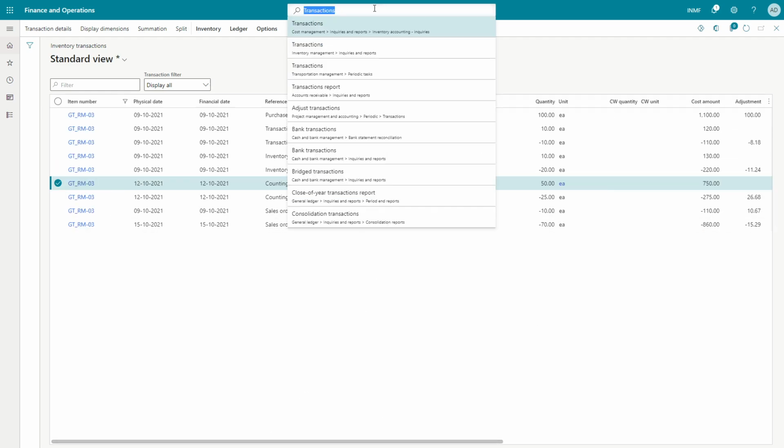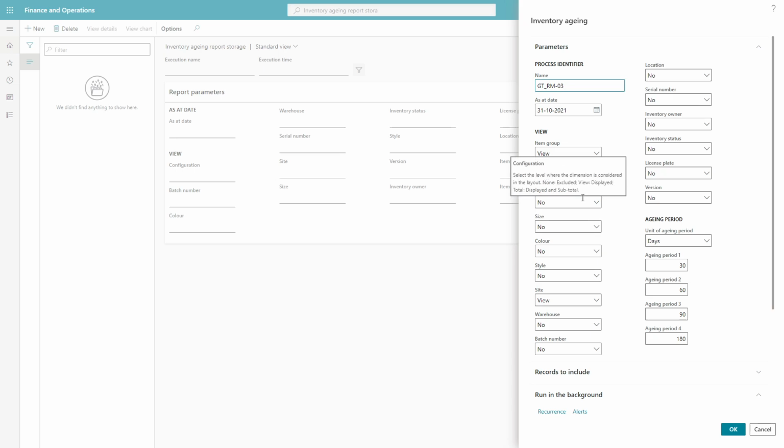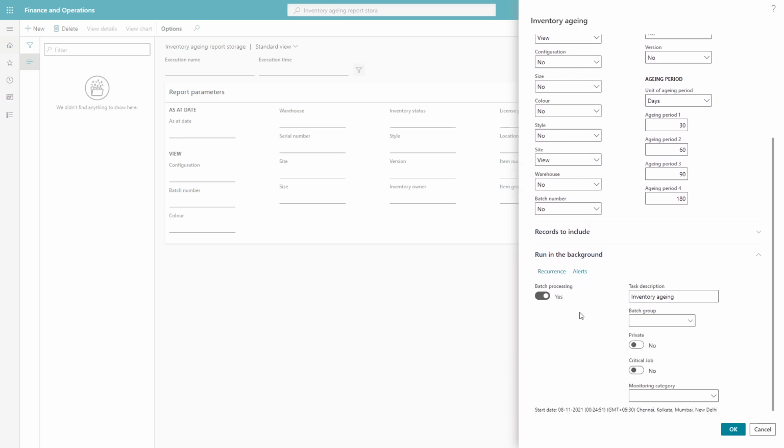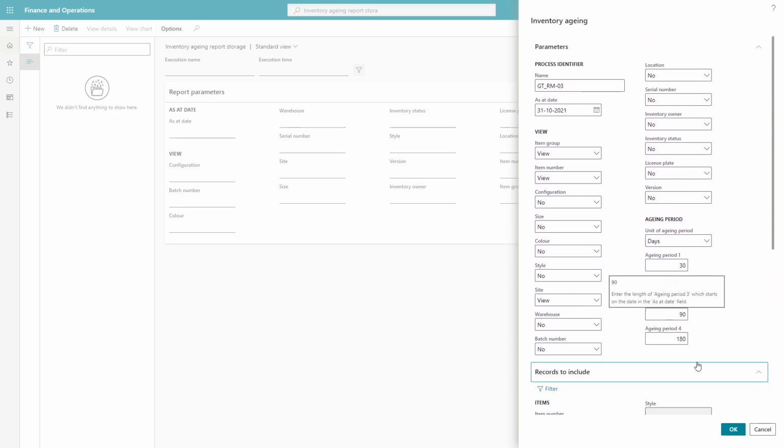Now let's see what inventory aging is showing. So I will execute the report as on 31st October for a particular item. So I already have everything ready because we executed this report earlier.